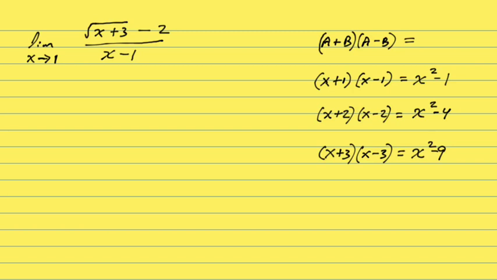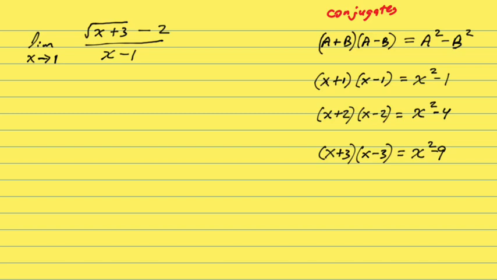So in general, a plus b times a minus b, which by the way, these are called conjugates. When you multiply conjugates, you'll get a squared minus b squared. Very important concept if you're going to be able to do these limits.